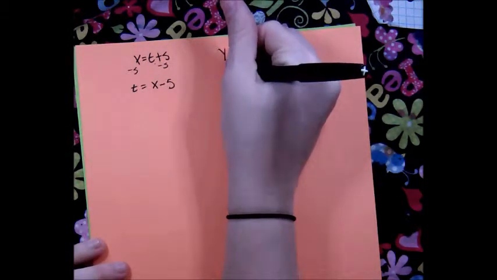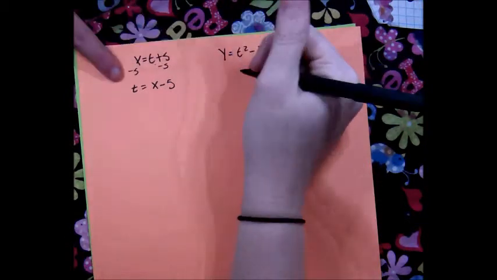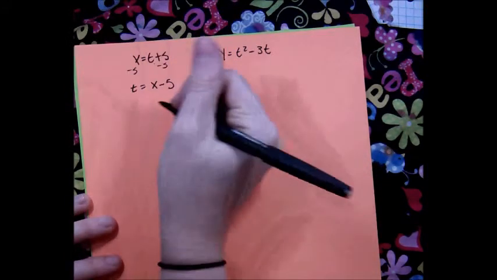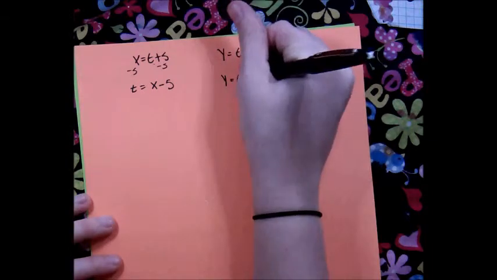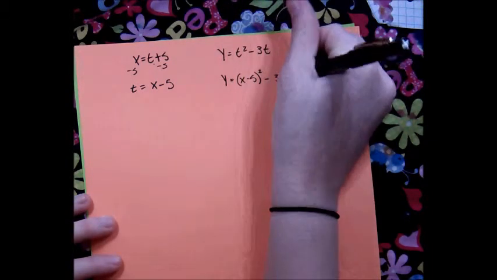Our second equation is y equals t squared minus 3t. We found out that t is x minus 5, so we're going to plug x minus 5 into every spot that there is a t. So we're going to have y equals (x minus 5) squared minus 3 times (x minus 5).